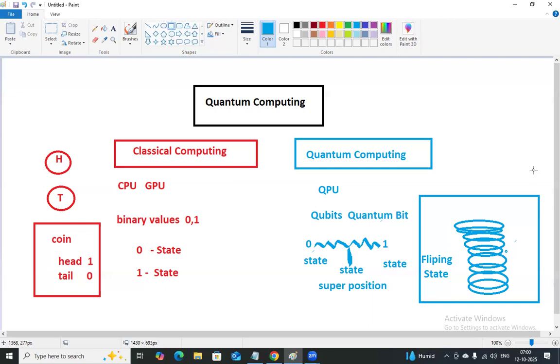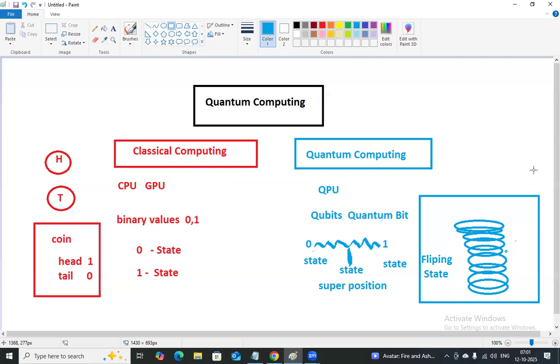For example, for data analytics, general computers, GPUs or CPUs take 1 year, 1.5 years, or 2 years. Quantum computing can solve it within 1 to 2 seconds.